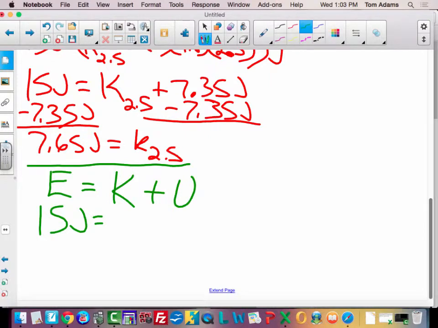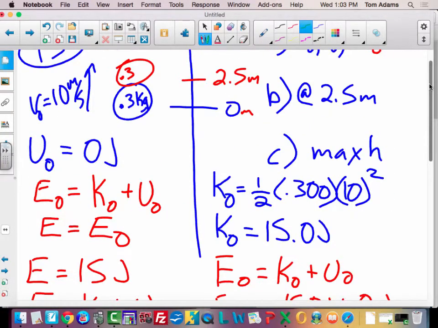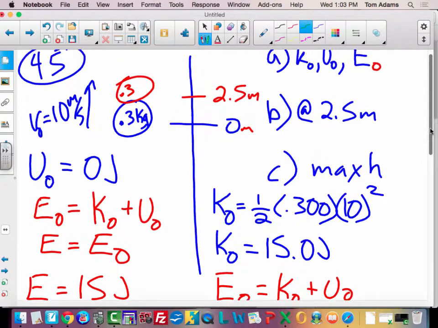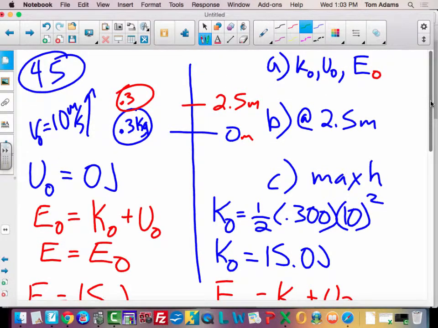Now if we go back to our little diagram at the top, we're under the assumption that this object is going to keep on moving till it gets to a maximum height. Do I know what the maximum height is? No. But what is the velocity of the object at the maximum height? Zero. The velocity at that instant in time is 0.